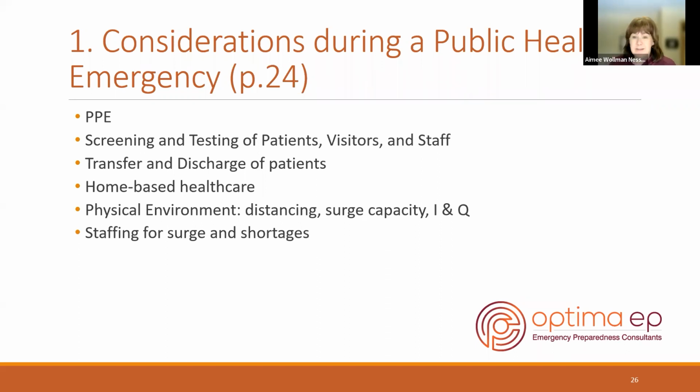Because everything tells us, with climate change and everything that's happening, that we probably will see something again in our work careers. So those are some of the things that are specifically stated in Appendix Z that must be addressed in your policy and procedure for considerations during a public health emergency.